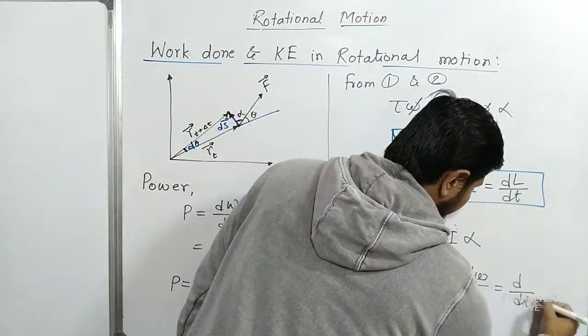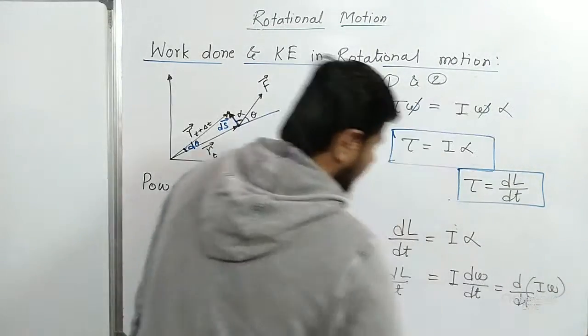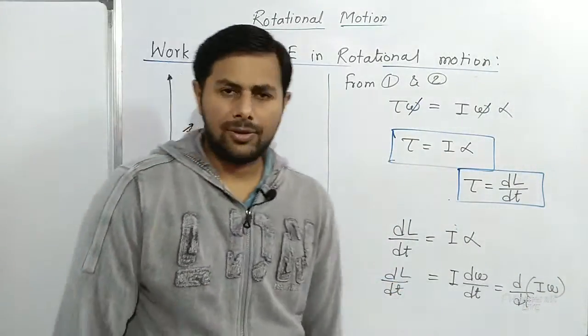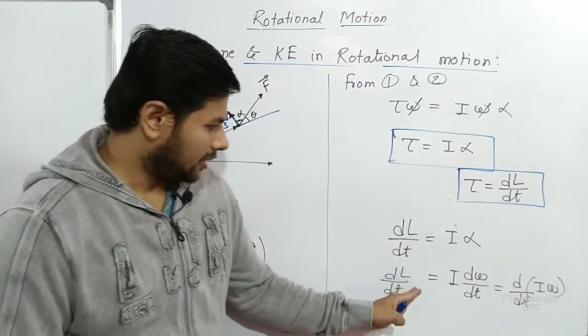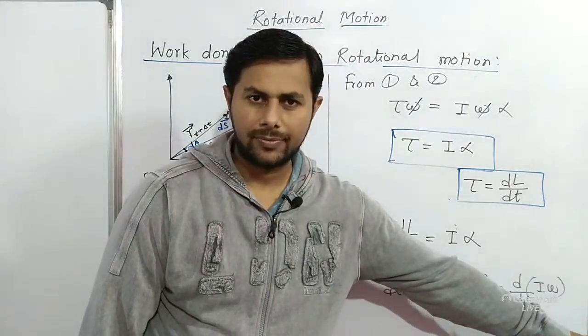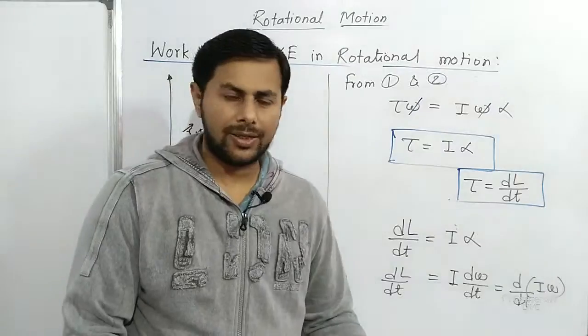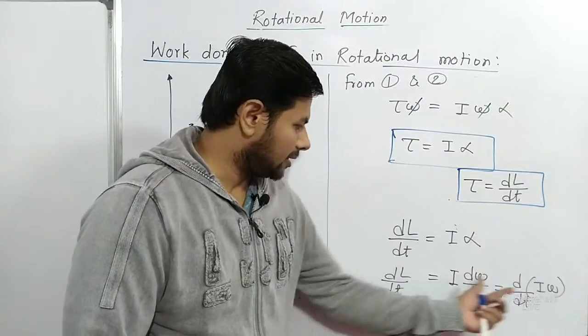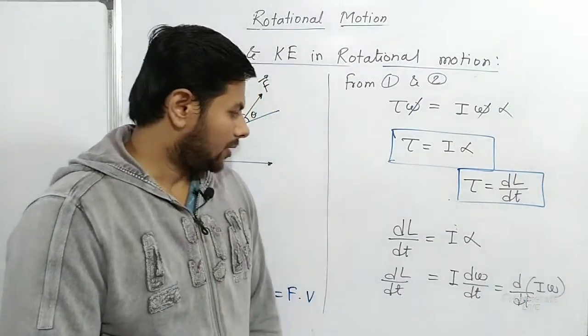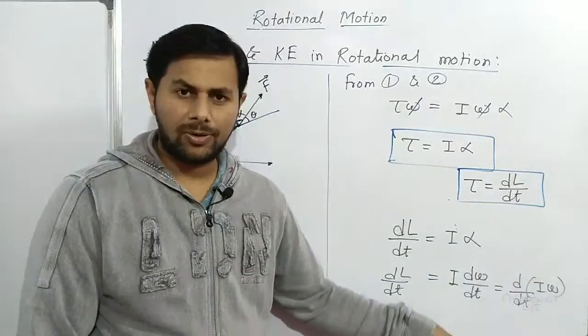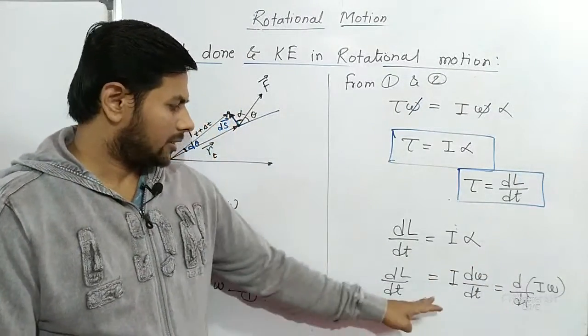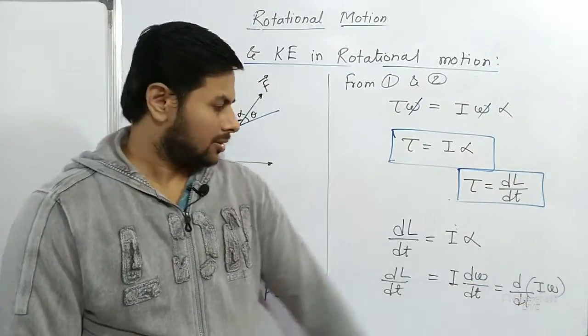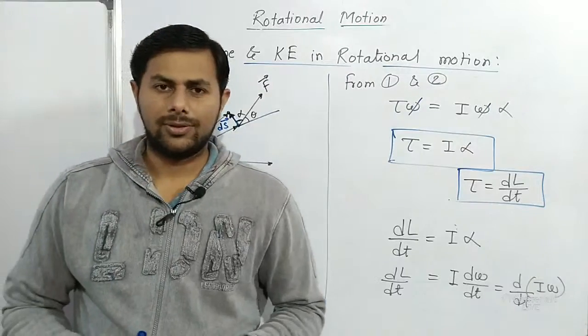So it can be written as d by dt of I omega, and therefore I can write L is equal to I omega. Just by comparing the terms, I can write L equals I omega. Actually we had proved this for the case of a single particle. For a rigid body, I can write it like this. So is it clear?